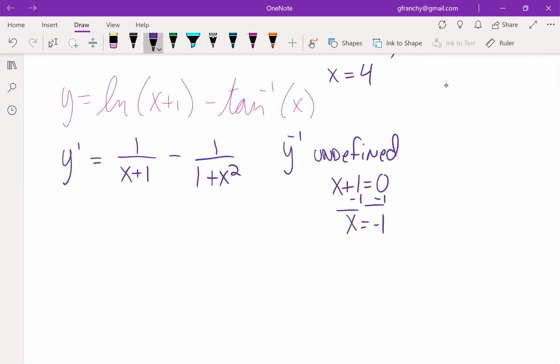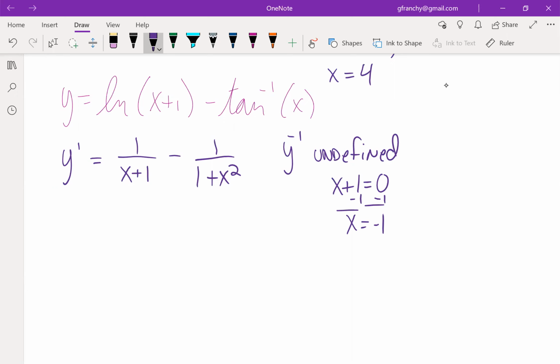It's undefined at -1. So that is a potential critical point. We could also take a look at 1 plus x squared equal to 0, but since x squared is always positive, that will never equal 0.